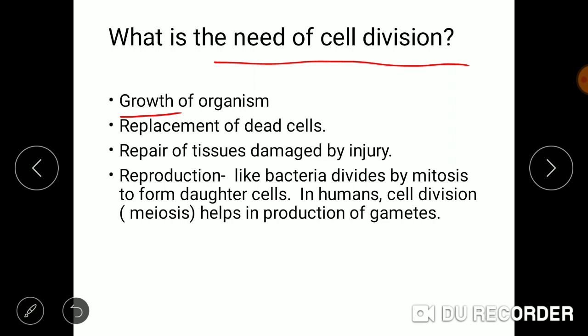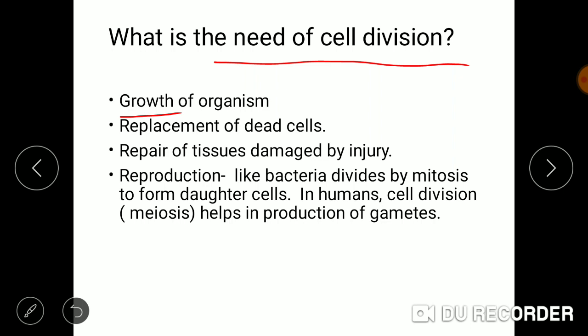Next, it is also responsible for the repair of tissues. How is it responsible for repairing of tissues? Suppose we get an injury, so the epidermal cells get damaged. If we get a very deep injury, certain tissues are also getting damaged, and that repairing process is being carried out by cell division.